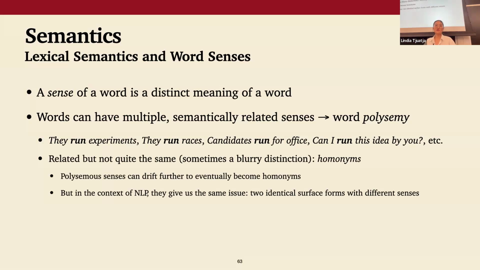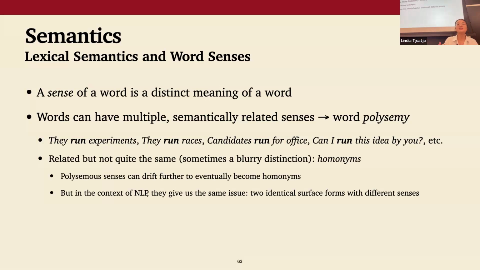A related concept, but not exactly the same, is homonyms. And this actually is kind of a blurry distinction. So a canonical homonym in English is something like bank, like river bank, versus I went to the bank and got some money. But if we actually look at the historical traces of the meaning of bank in these two settings, we'd actually see that they're polysemous.